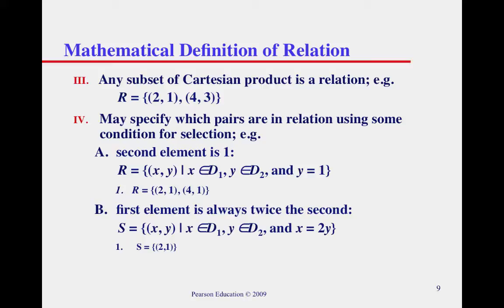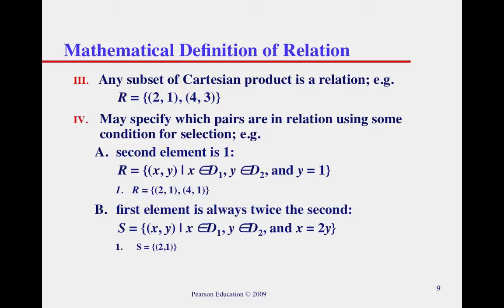So that gives us 2 pairs because there's 2 values in D1, 2 and 4, and therefore that gives us the pairs 2, 1 and 4, 1.